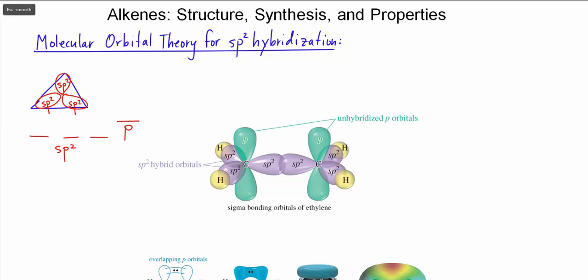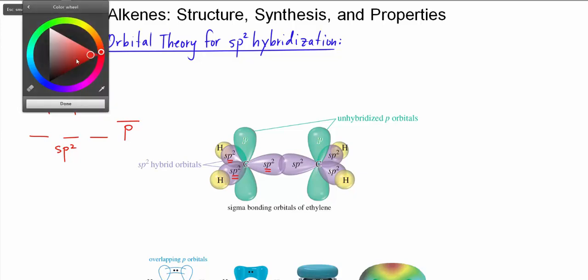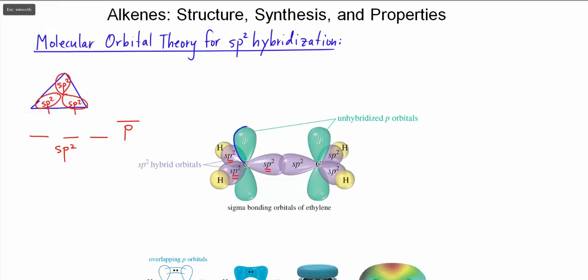Okay, so if we look at this figure out of the text, we see that these three sp2 orbitals, they point toward the vertices of an equilateral triangle, and the unhybridized p is indeed perpendicular to the center of the sp2 framework.